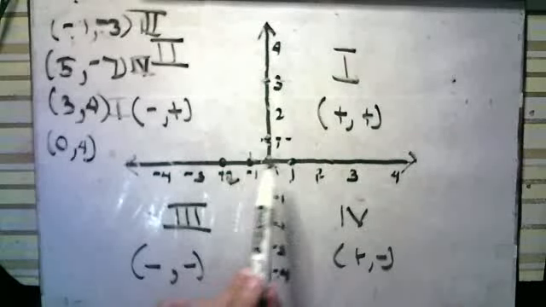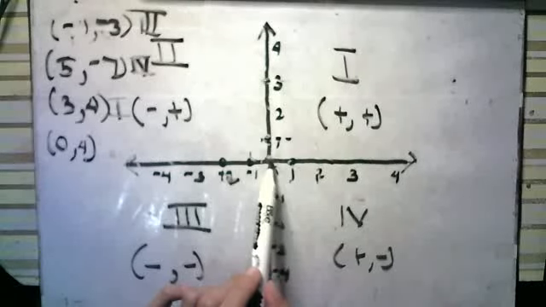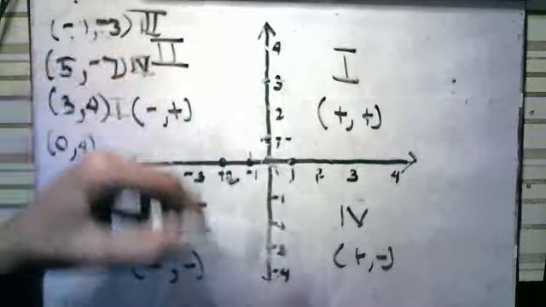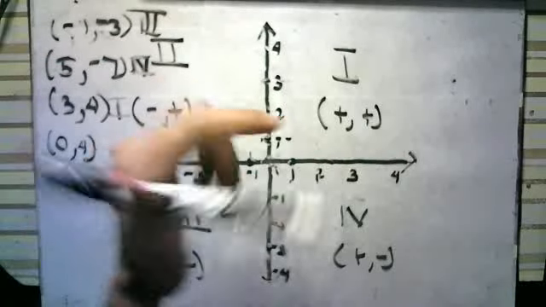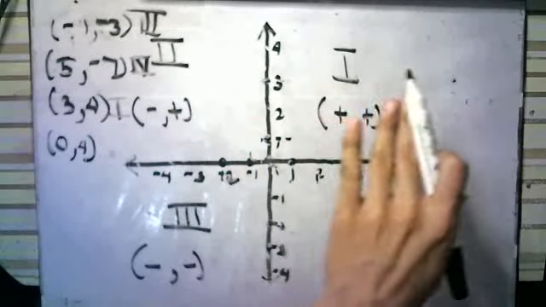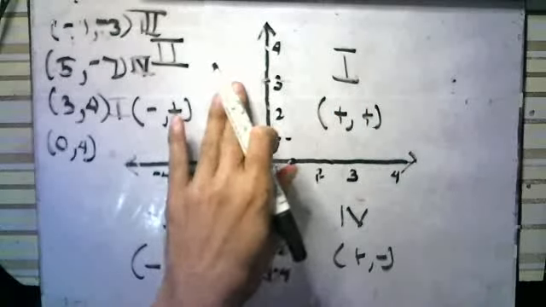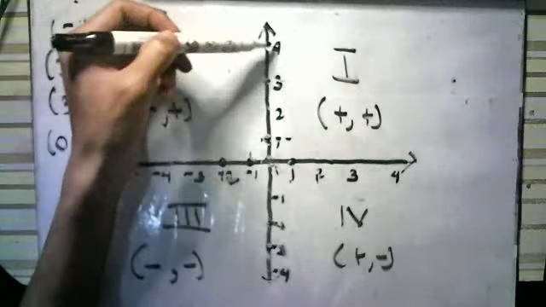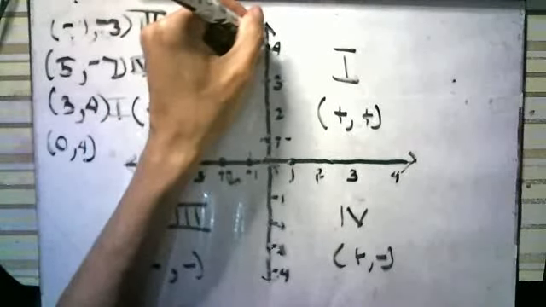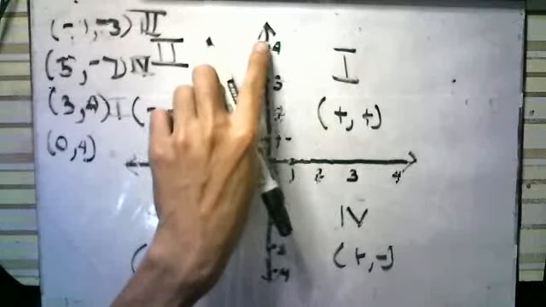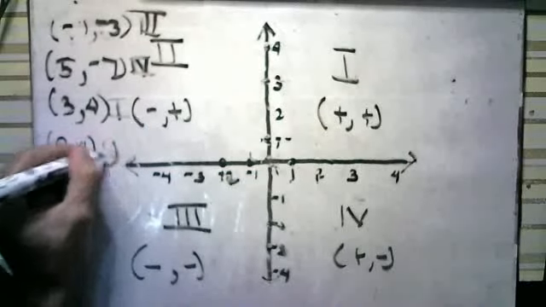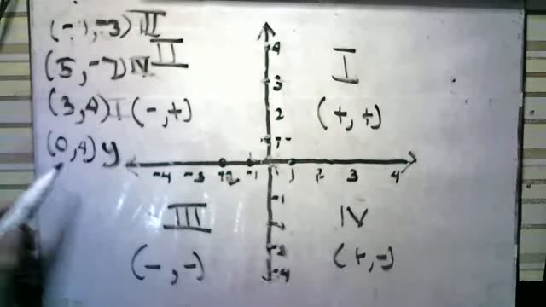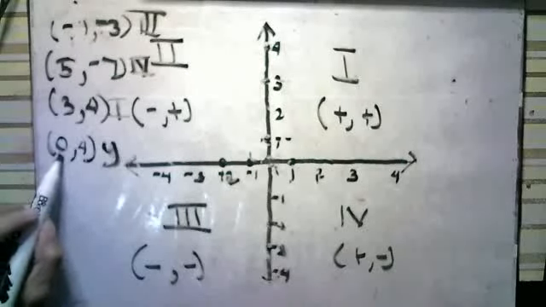Last one, 0, 4. 0. Nasa origin siya. Then, 4, nandito sa y-axis. Nasa pagitan siya ng quadrant 1 and quadrant 2, pero wala siya sa mismong quadrant. Pag ganyan, nasa mismong y-axis ang point, and that is 0, 4. So, that will be y-axis lamang. Wala siyang quadrant. Kung ang 0 ay si x, panigurado y ang sagot dyan.